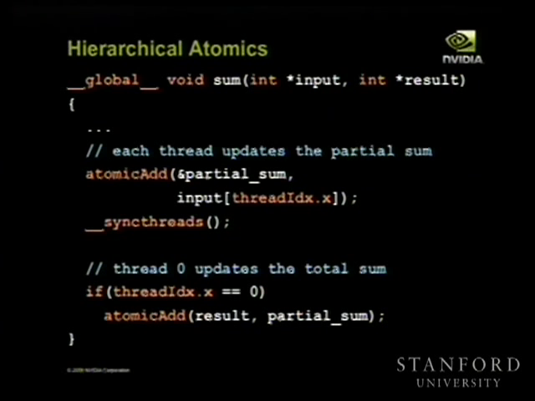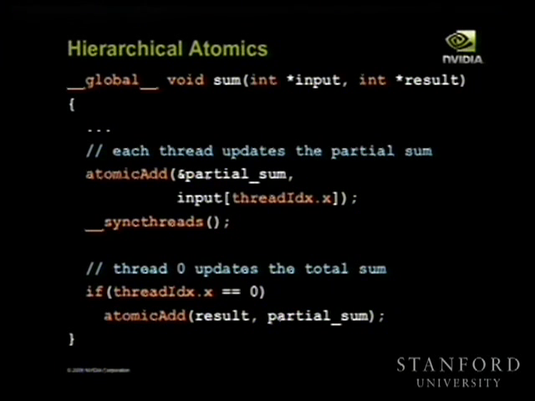After that, it's pretty simple. Every thread in this block is going to read from the input and atomically add to the partial sum. So we're going to compute a per block partial sum for each one of our thread blocks. After we've done that for each thread in the block, we call this sync threads barrier to make sure that the partial sum is ready before we continue on.